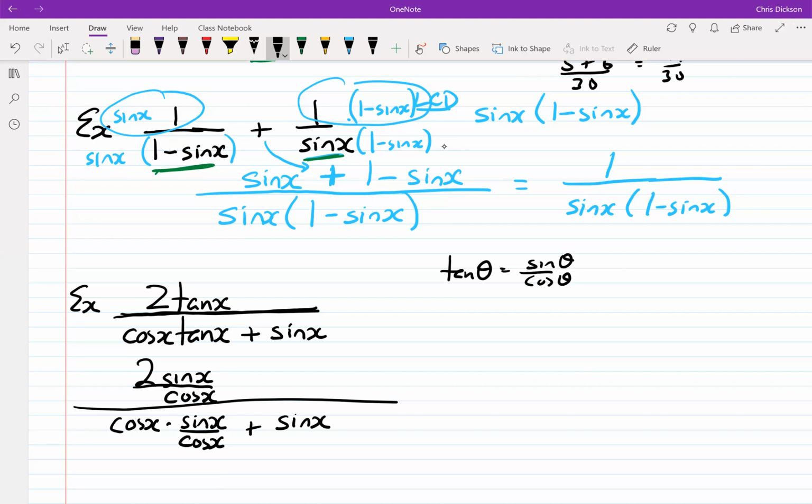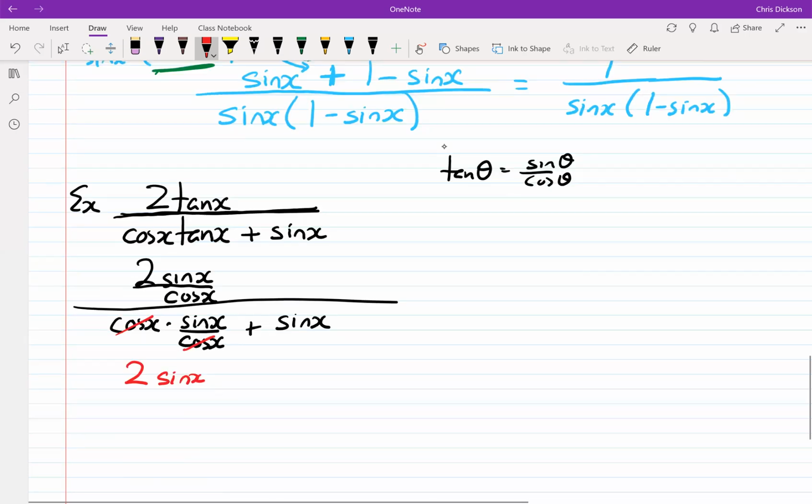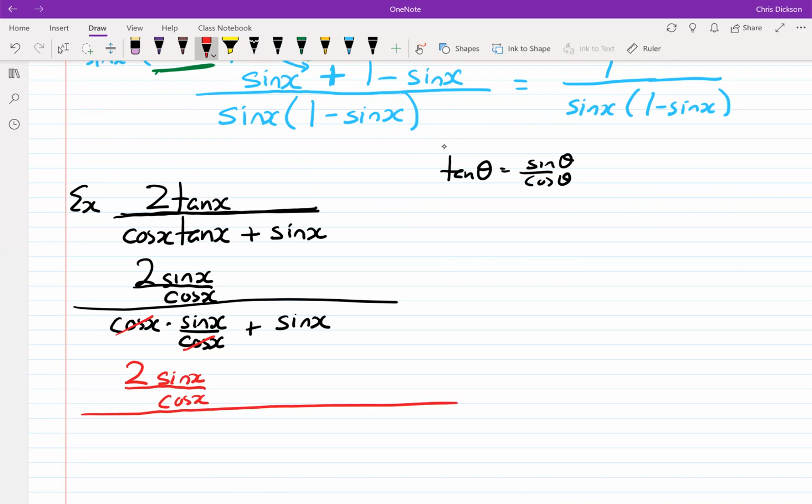So it looks like these coses would cancel, and that would give us 2 sine x over cos x, and then that's all over sine x plus sine x.